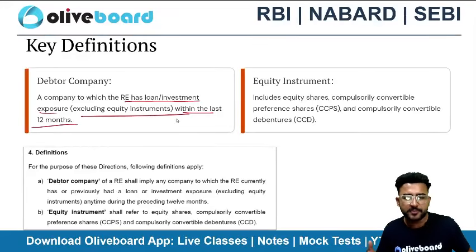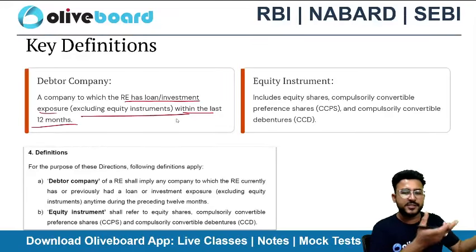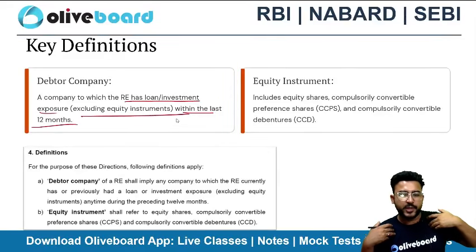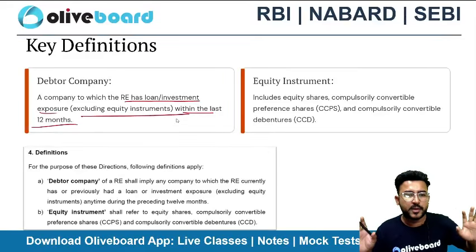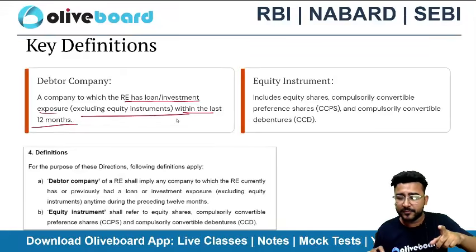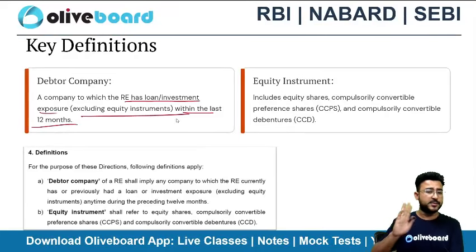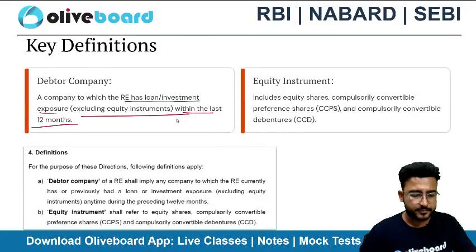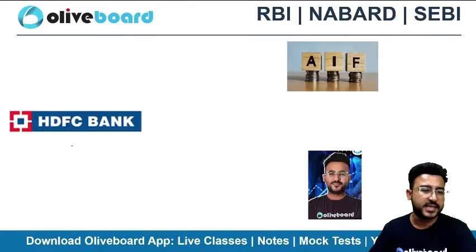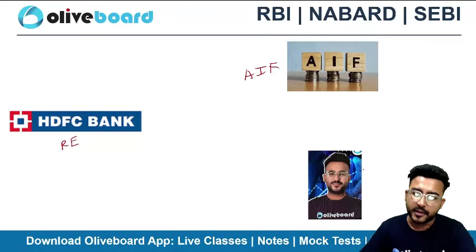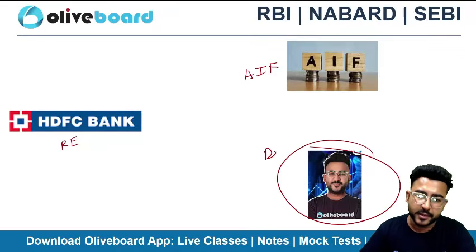If that's ownership capital, that's fine. HDFC Bank has the right to own 100% of my equity. That's not a loan. But if it is not equity, that's a problem. If it's a loan, or an investment other than equity, that's a problem. Right? So can I say HDFC Bank is the regulated entity, AIF is nothing but AIF only? I am the debtor company.